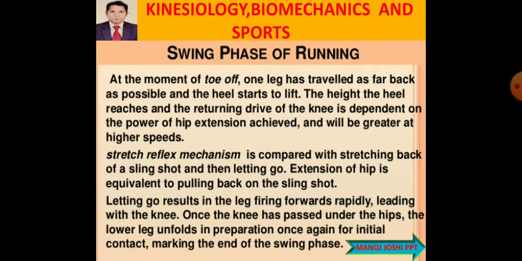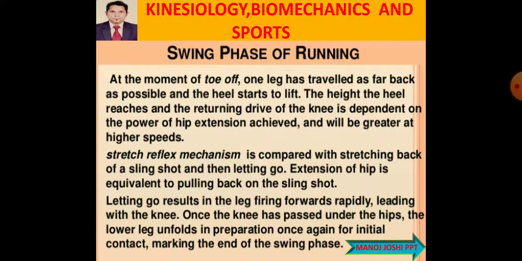So the swing phase of running: at the moment of toe off, one leg has travelled as far back as possible and the heel starts to lift. The height the heel reaches and the returning drive of the knee is dependent on the power of hip extension achieved, and it will be greater at higher speed.